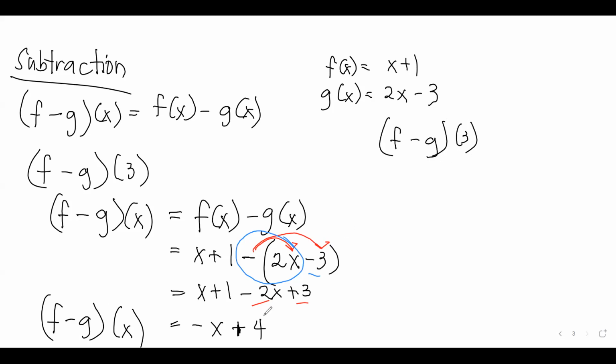So, ang gagawin natin is isa-substitute lang natin yung 3 doon sa x. So, we have negative 3 plus 4. That would become positive 1. So, f minus g of 3 is positive 1.